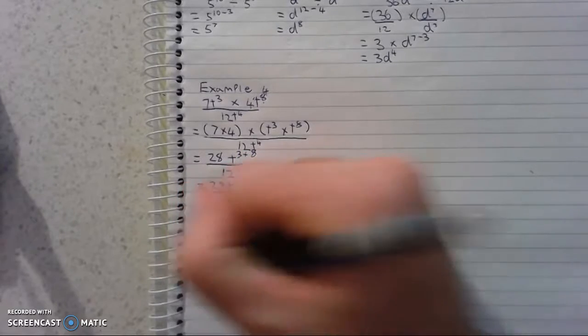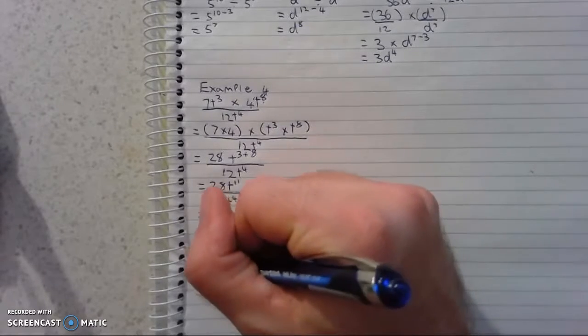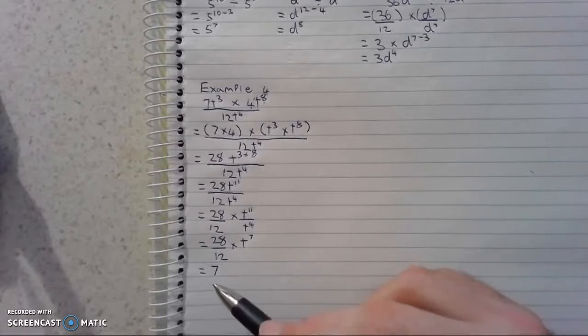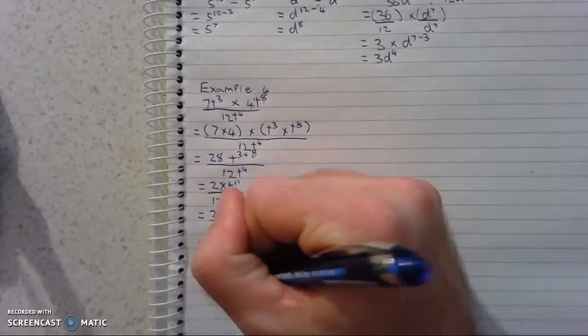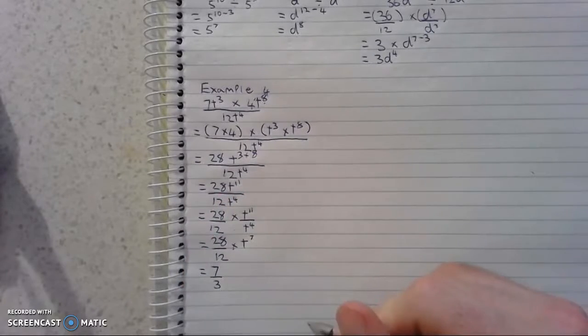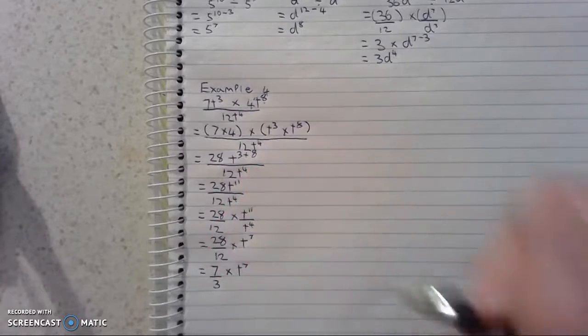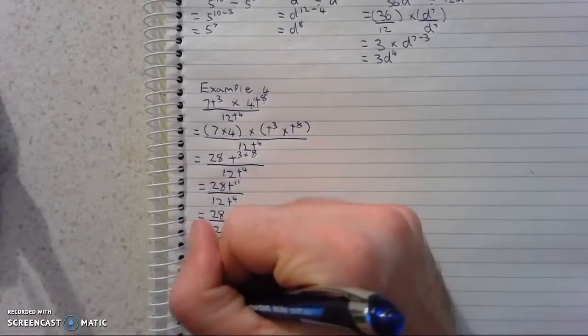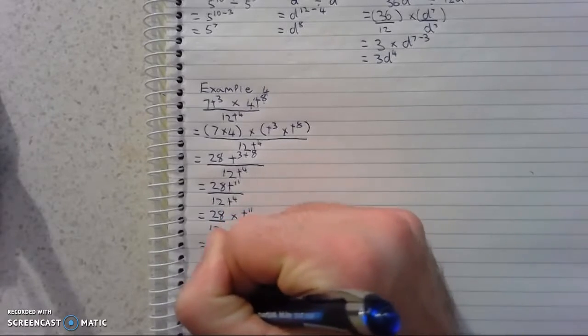How many times does 4 go into 28 evenly? 7. How many times does 4 go into 12 evenly? 3. Times t to the power of 7, and that whole thing can be written as 7t to the power of 7 all over 3.